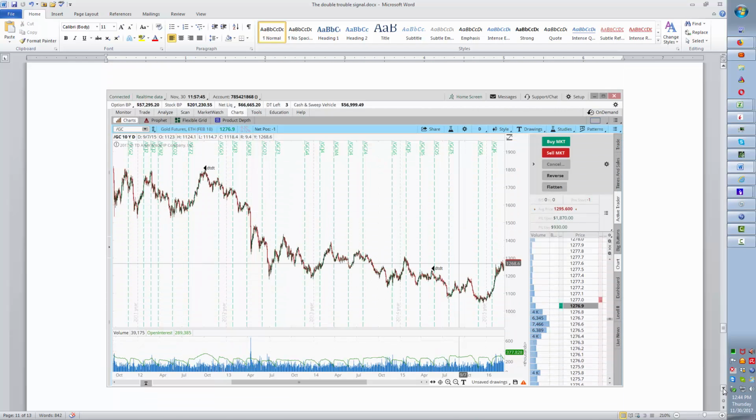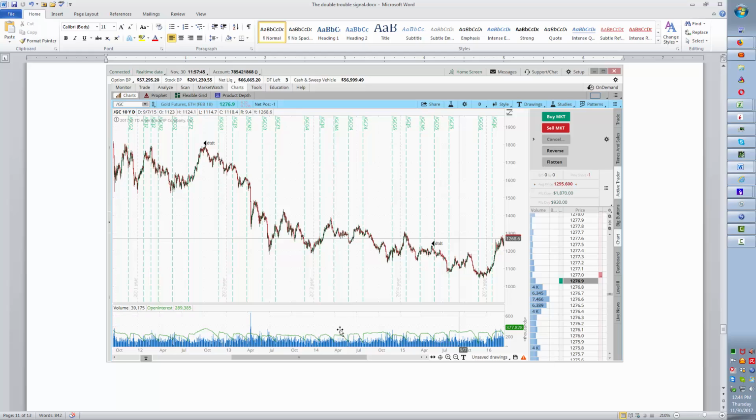So let's look for double trouble signals in gold. There we go. So this was a correction pattern, and then we can see that price went down nicely. Here's another correction pattern, as you obviously see, and price went down nicely.